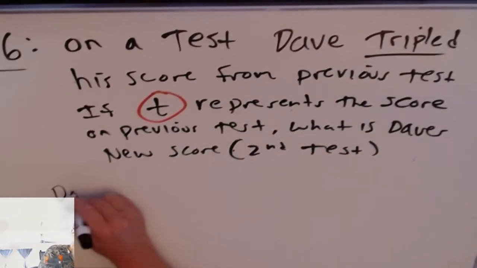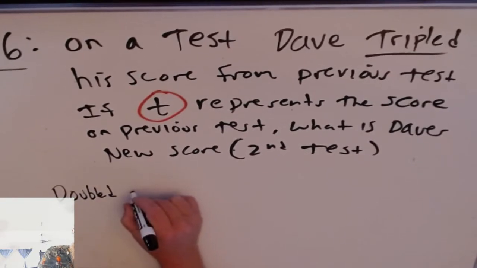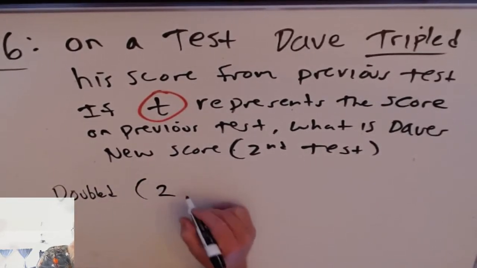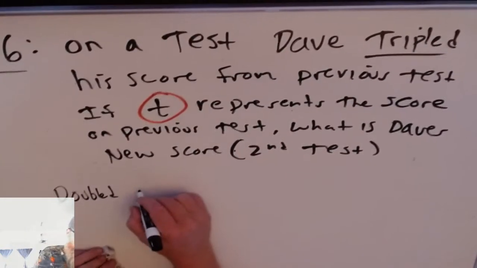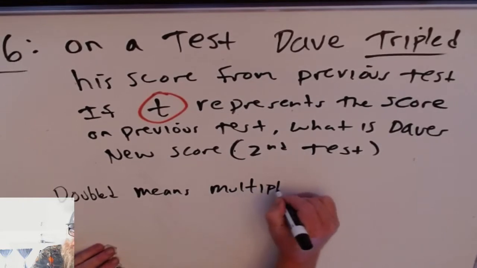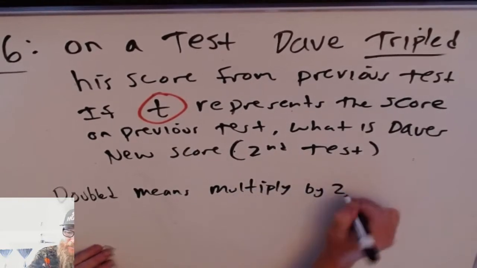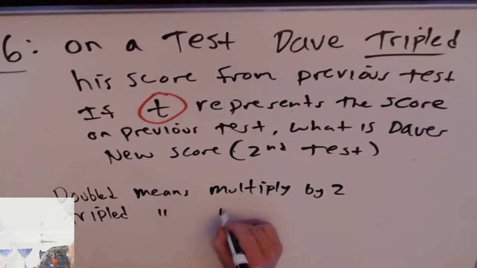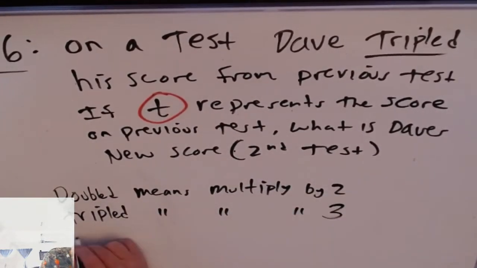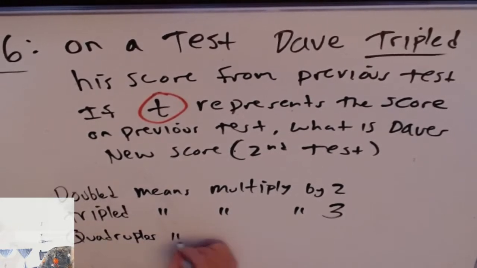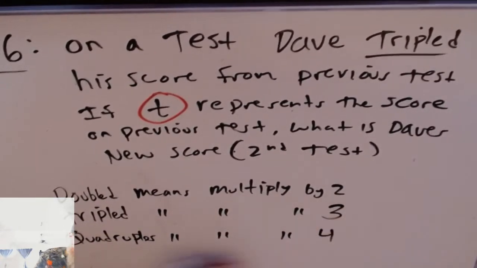All right, so remember, doubled is multiplied by 2. 2 times something. I know I don't need to say this, but tripled means multiply by 3. Quadrupled means multiply by 4.